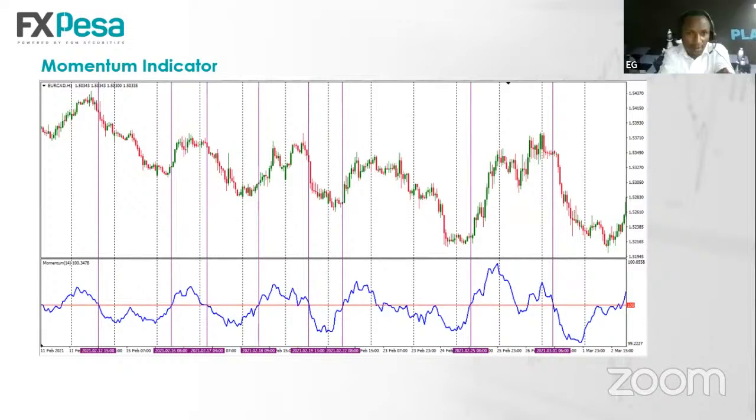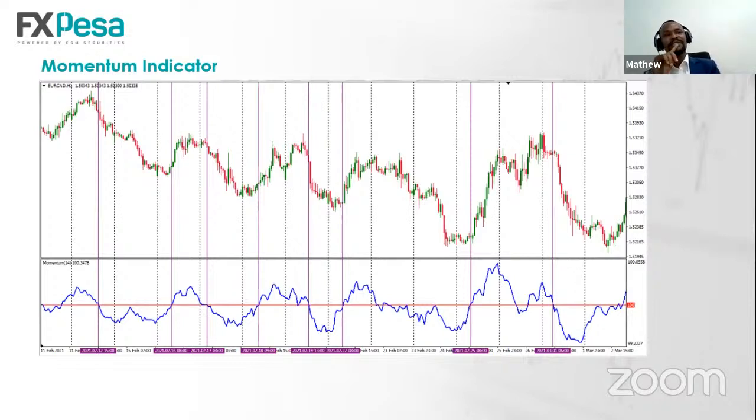Yes. And that's where we're saying the upward momentum is increasing. Or at the point where you have the price strongly trending downwards, look at that vertical line there. At the same time, the momentum crossed below 100, supporting bearish momentum.